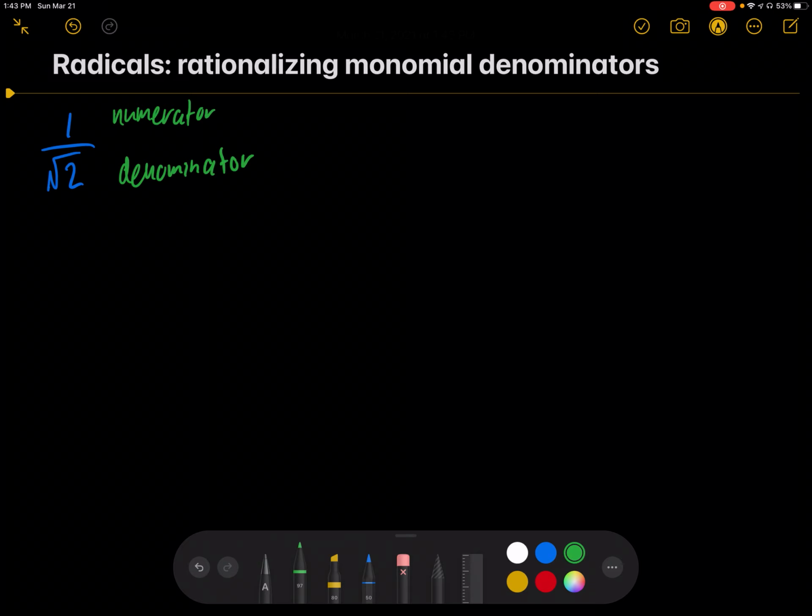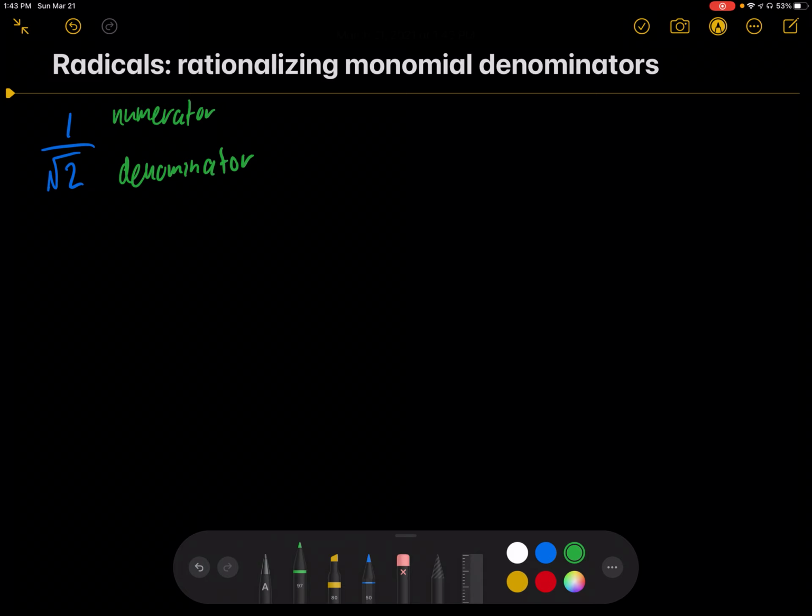It's just one of those rules, and if I'm being completely honest, I don't know exactly why. It's some rule that it makes it harder to compute, like harder to add or divide. But the deal is you can't have a square root in the denominator, so you have to rationalize it. And that just means turning it into a number that is not a square root.